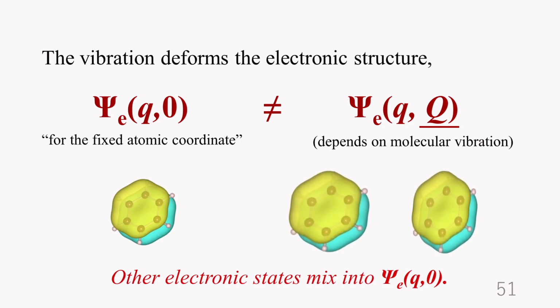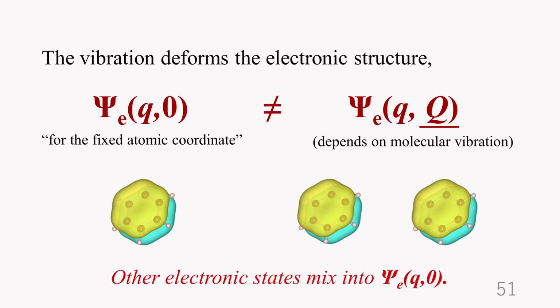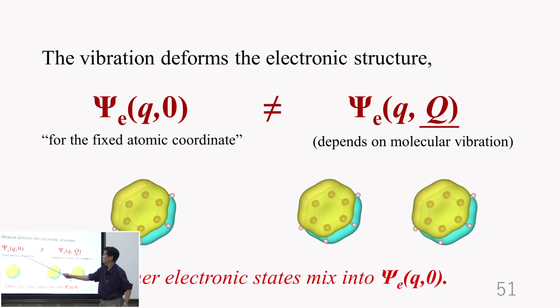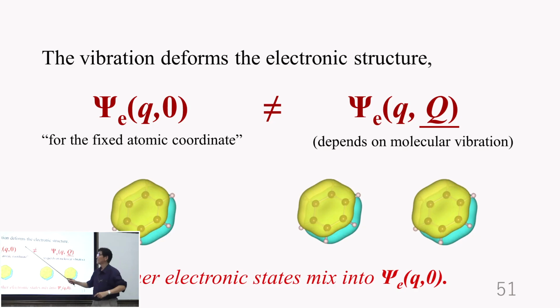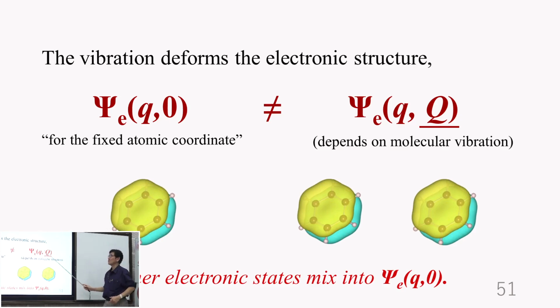That is, the wave function of the electron at coordinate Q = 0, that is the stopping structure, is not equal to the electronic wave function with the vibrating coordinate along Q. So we need to consider this feature, the vibration dependence of the electronic wave function.